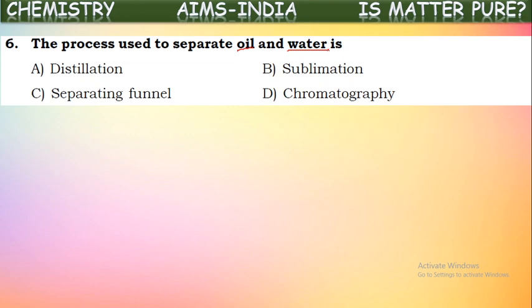So for such mixtures, if you take oil and water in a container, one of the components will go down, which is denser, and the lighter density liquid will float on the other one. So in that way they form two separate layers. Such a liquid mixture can be separated by using a container called a separating funnel. So, two immiscible liquids can be separated by using a separating funnel.